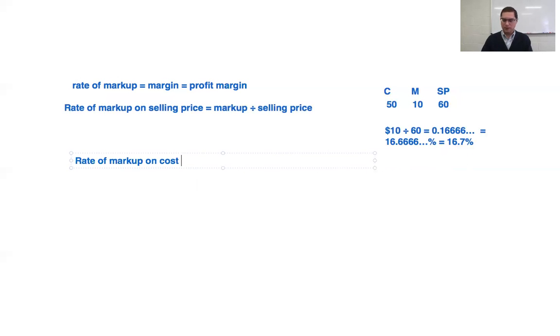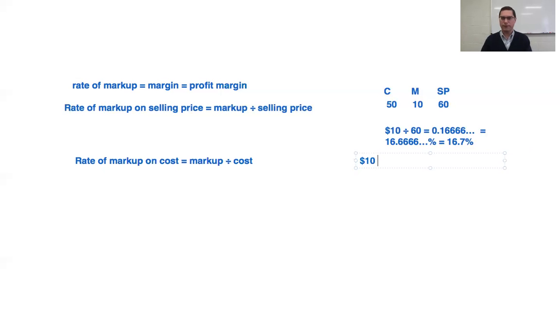Rate of markup on cost is the markup divided by the cost. So using our numbers here from our widgets that cost $50 and have a markup of $10 and a selling price of $60, we're going to take our markup of $10.